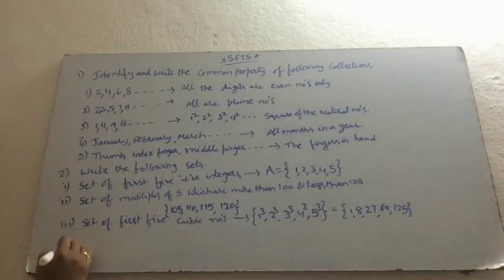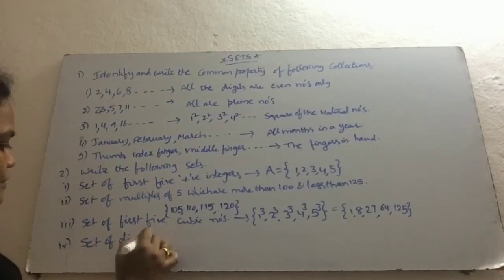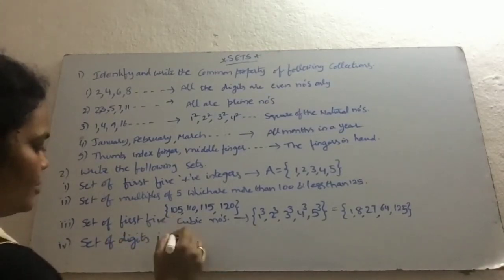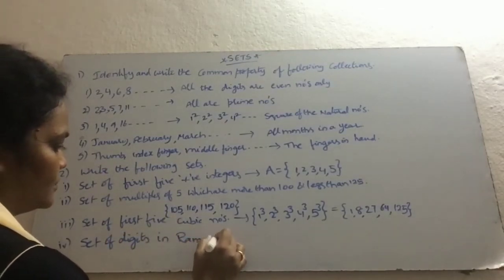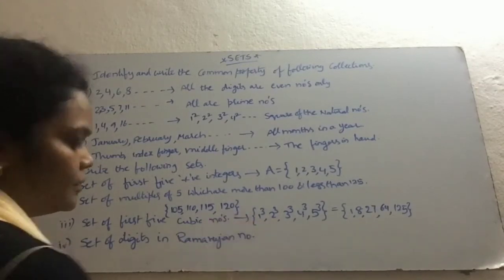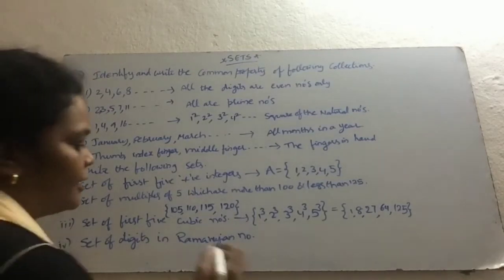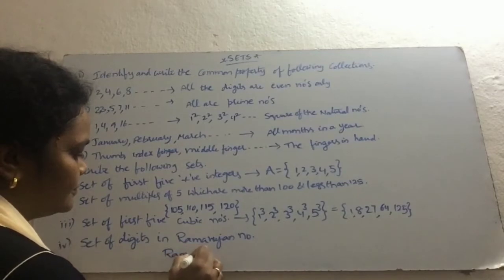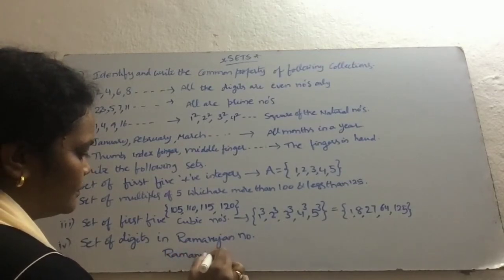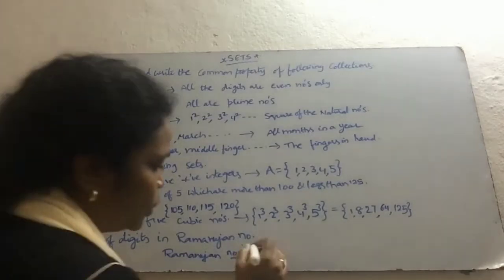And next one, set of digits in the Ramanujan number. What is the Ramanujan number? All of you know about the Ramanujan number? The Ramanujan number is 1729.